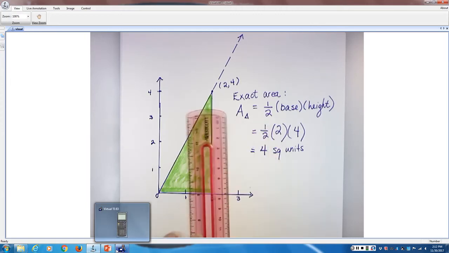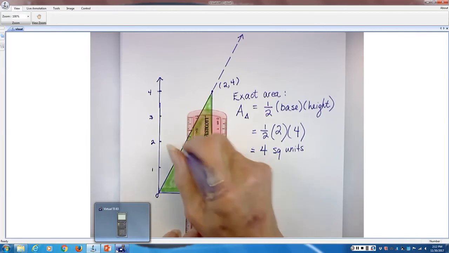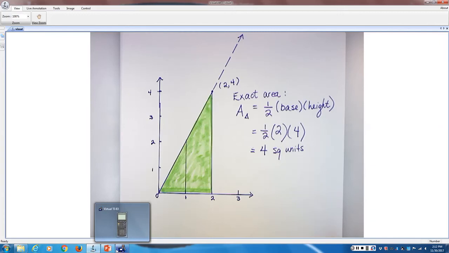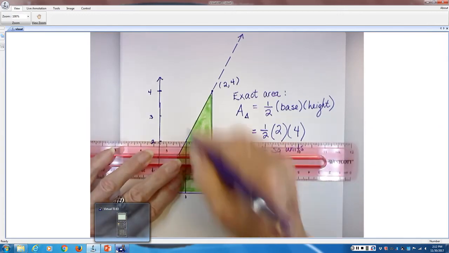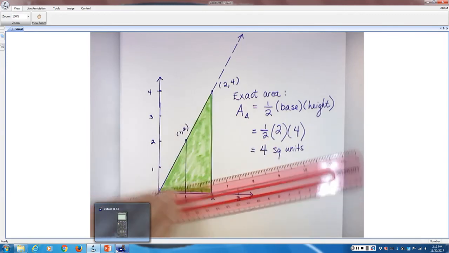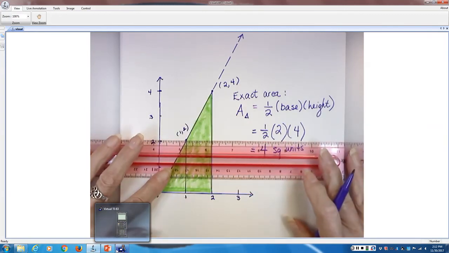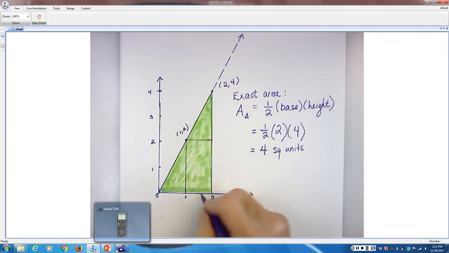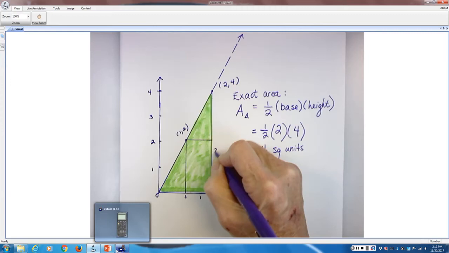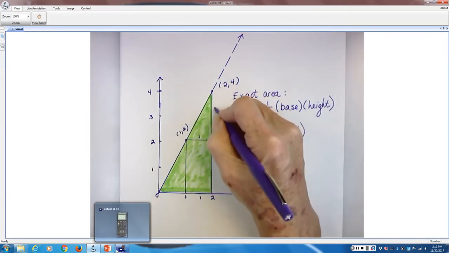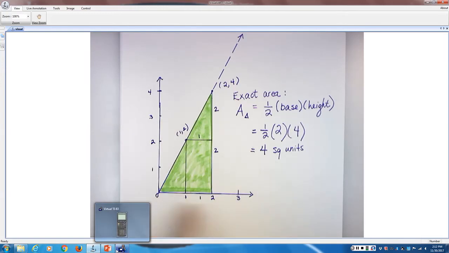We could approximate it still using geometry formulas by finding the area of the first triangle there, which would have a height of 2, and then we could find the area of this rectangle, which is 1 unit wide and 2 units tall, and then the area of another rectangle that's 1 unit wide and 2 more units tall, which seems like an awful lot of work to go to when we have the total area anyway.